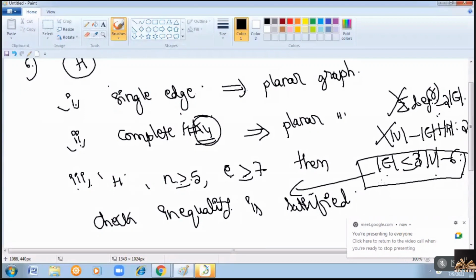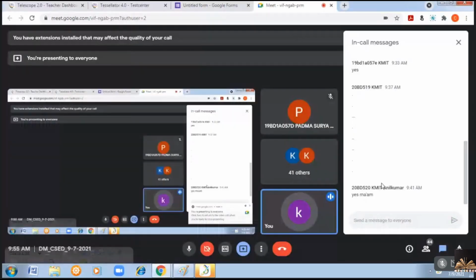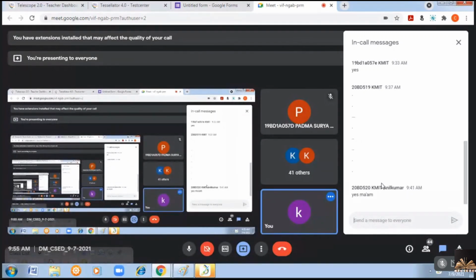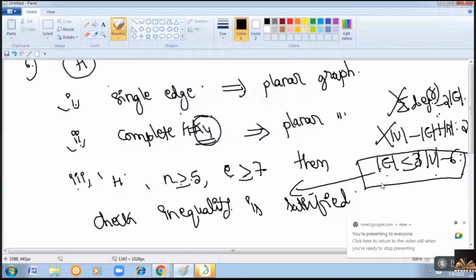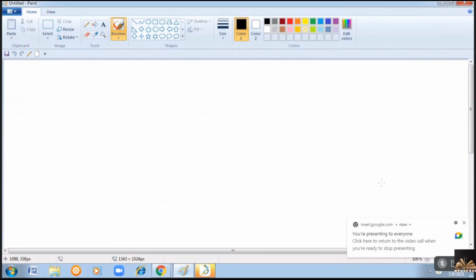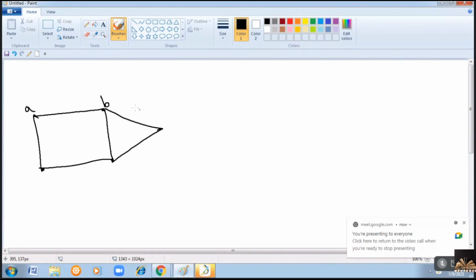Is it clear now? Have you all understood all the steps? Yes, ma'am. Then we'll see one example on this. Consider a graph. Take down this graph, all of you.